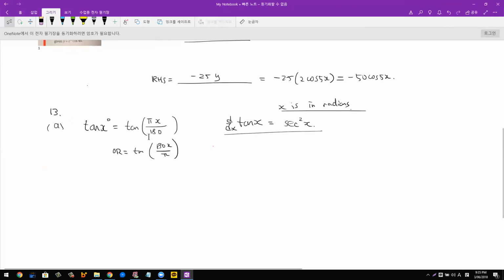So suppose you have, so this x is in degrees. Let me think about this. So the derivative of the degrees, you got something like that. I think it should be like this one.